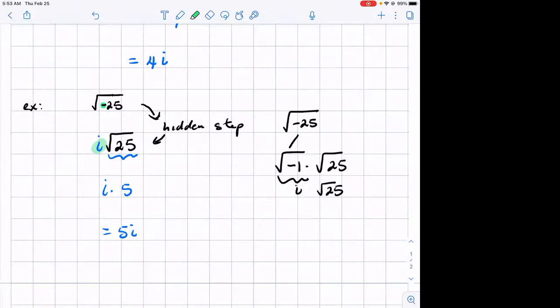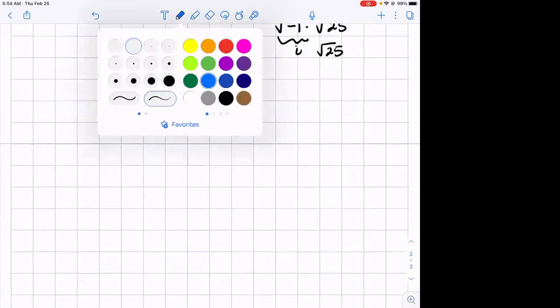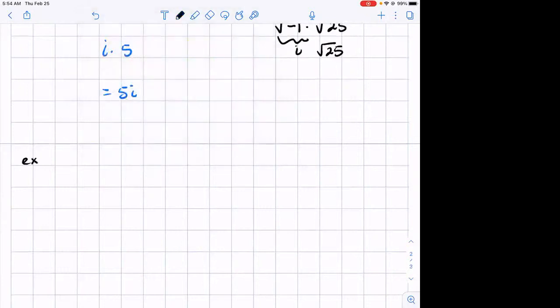Now, be careful because in addition to simplifying, sometimes you may have to simplify the radical. For example, if I have the square root of negative 12, well, the negative comes out as i, so this becomes i root 12.